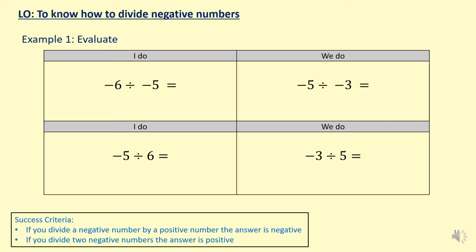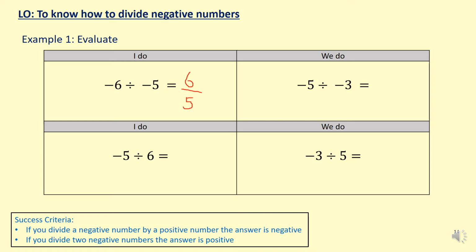So instead of 6 divided by 5, I write it in fraction format, 6 over 5. It's the same thing, just a different format. Just make sure the first number is at the top, then the fraction line, which means division, and then the second number on the denominator at the bottom.